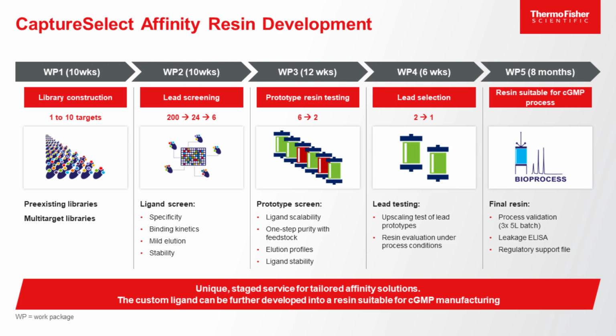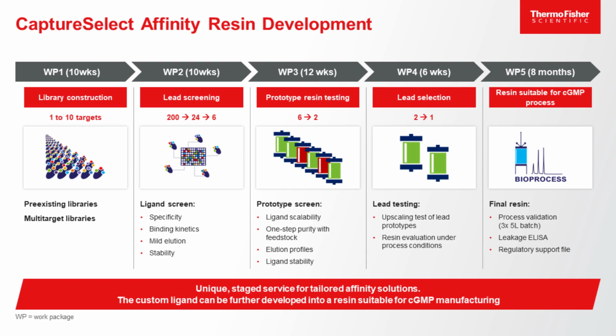So we're going to take the 200 clones and analyze them. Does the ligand actually bind to the target? Is there enough specificity in the ligand which is going to be identified? What are the binding kinetics? So what is basically the on and the off rate? We can check up to 20 different elution conditions in a system like this.